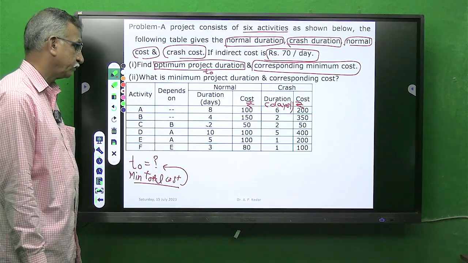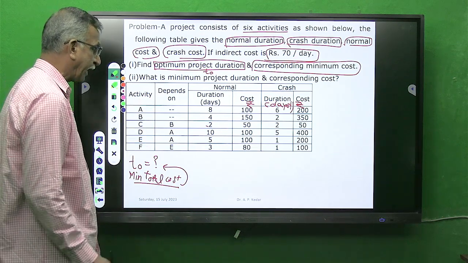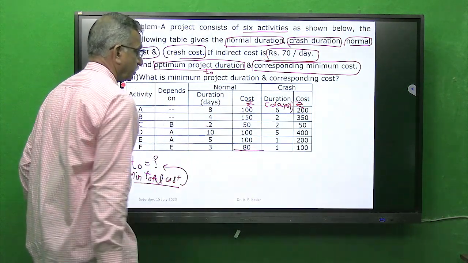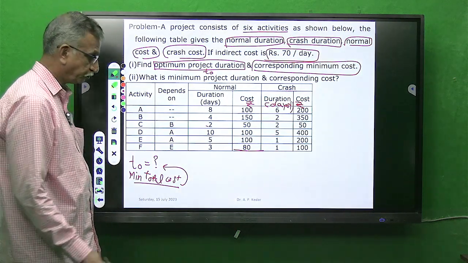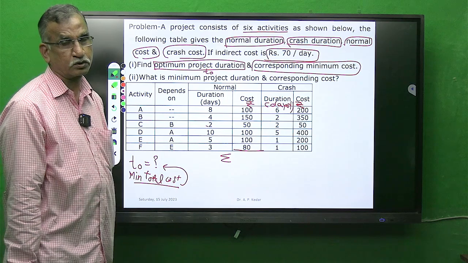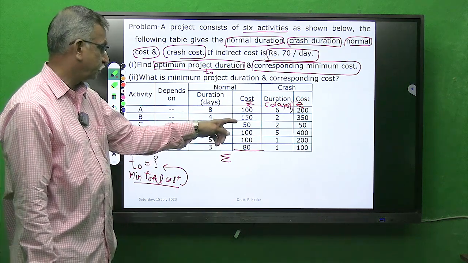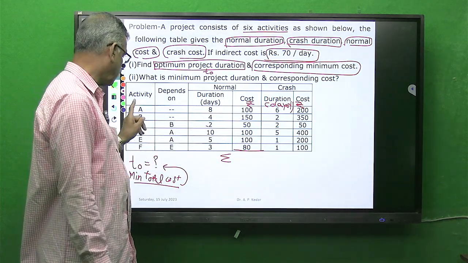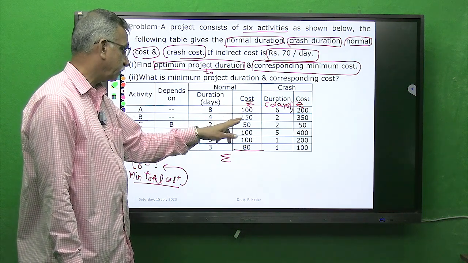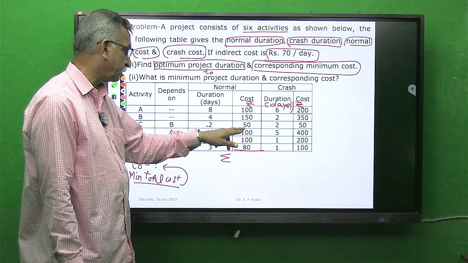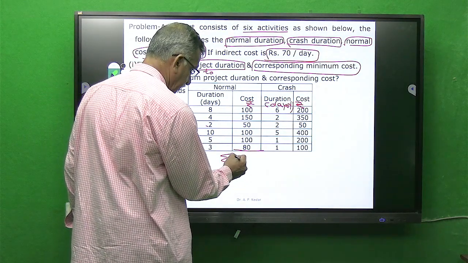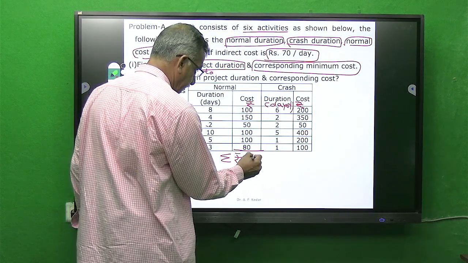Before that, we have to add this normal cost column, which will give me the direct cost of the project. So if I add all the costs of activities A, B, C, D, E, F: 100, 250, 300, 400, 500, the summation comes to be rupees 580.